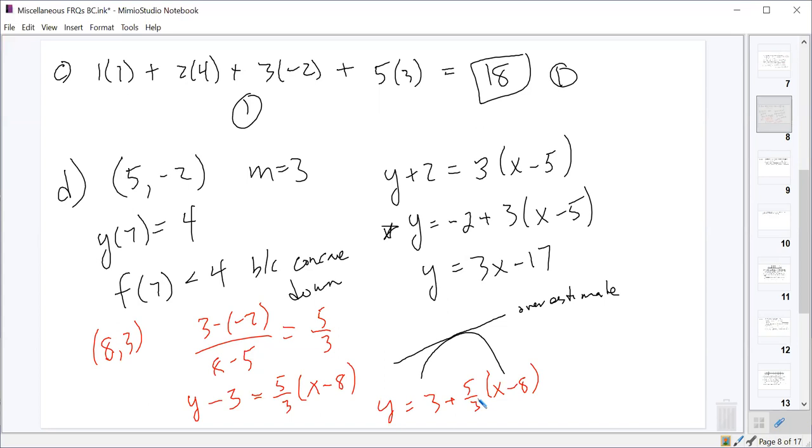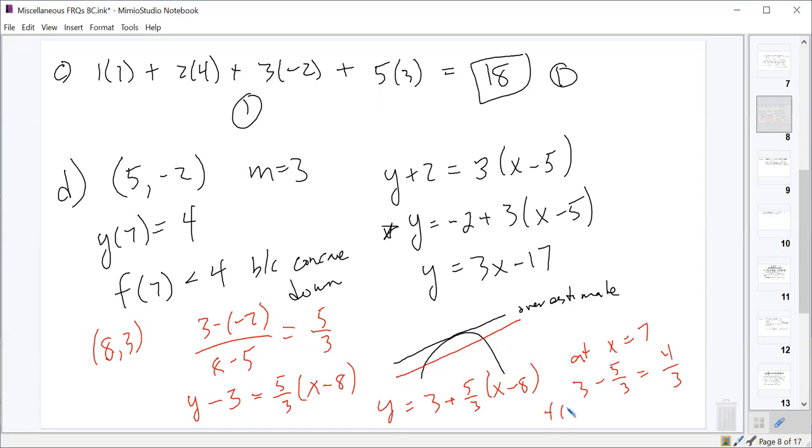And then we're going to approximate that at 7. So at x equals 7, that becomes 3 minus 5/3, which is 4/3. And so for a secant line, our approximation should always be under if the function is concave down.